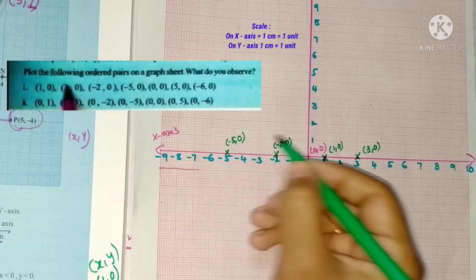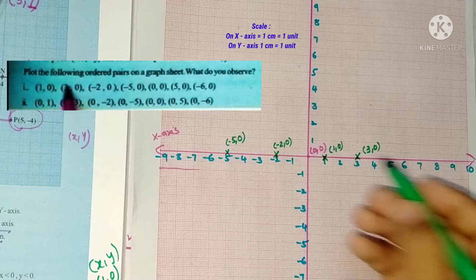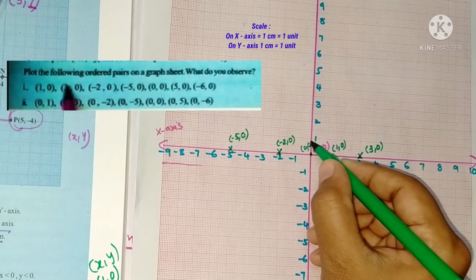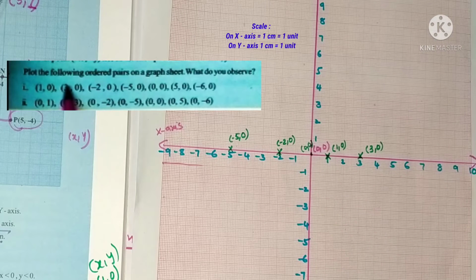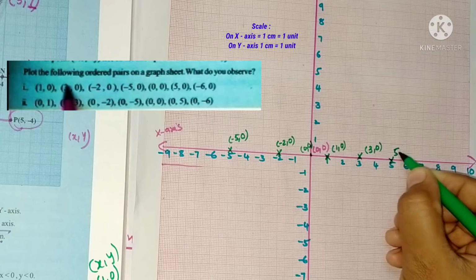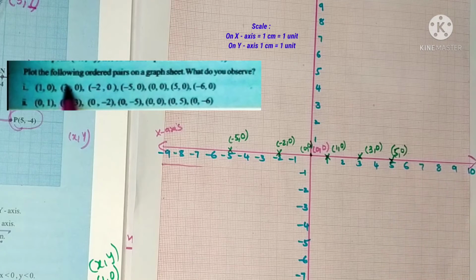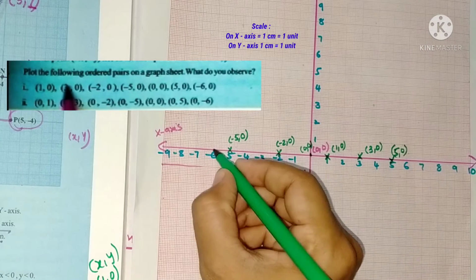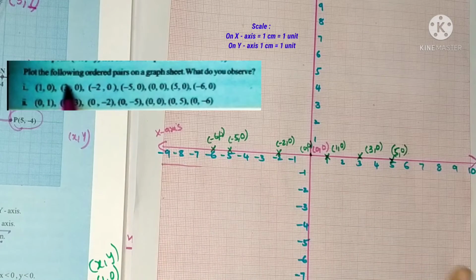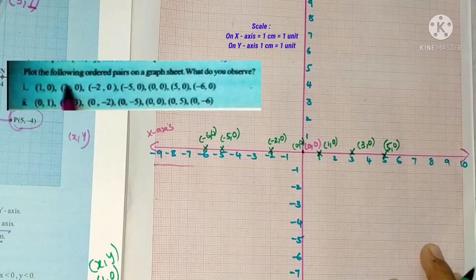Next (0, 0), this only. Then (5, 0): here x is 5 and y is 0, so on the x-axis. Then (-6, 0). Okay, we located the points.